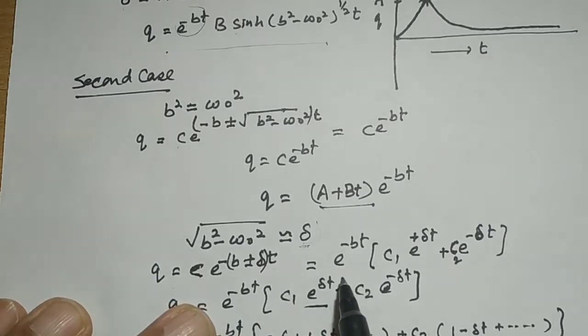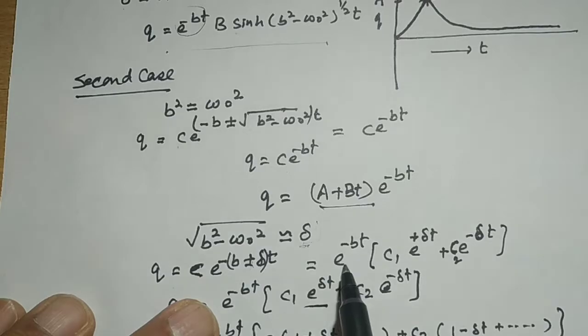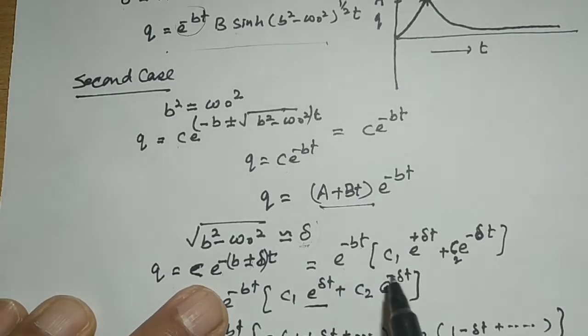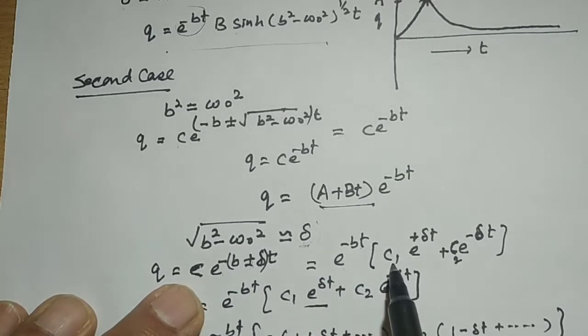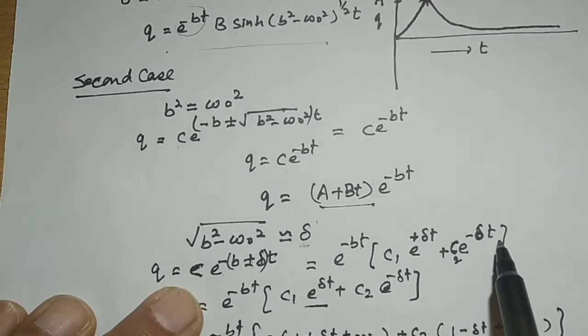And we can rewrite it by taking the plus and minus terms separately. So e to the minus bt is common here. Inside, C1 e to the delta t plus C2 e to the minus delta t.